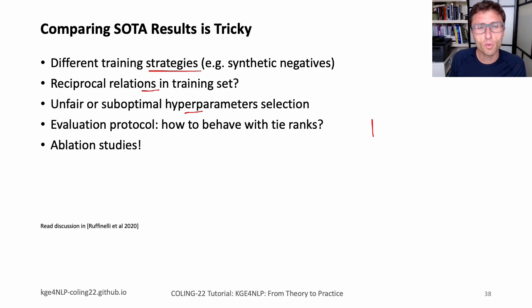So is it fair? What's the behavior with tie ranks? And also what happens if we replace the loss with another loss? Can we run ablation studies? What's the effect on the overall system? So all these aspects are quite important and should always be taken into account.